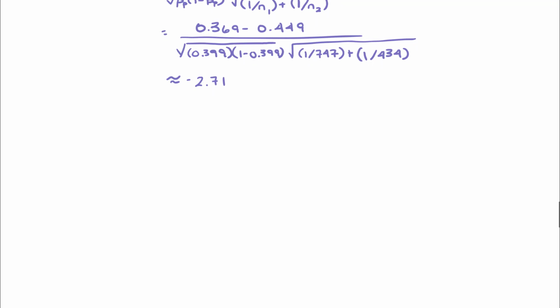So here we do our two different approaches. We have the critical value approach and we have the p-value approach. So for the critical value approach, the significance level is 0.05, and we know that corresponds to a z-score of 1.645.